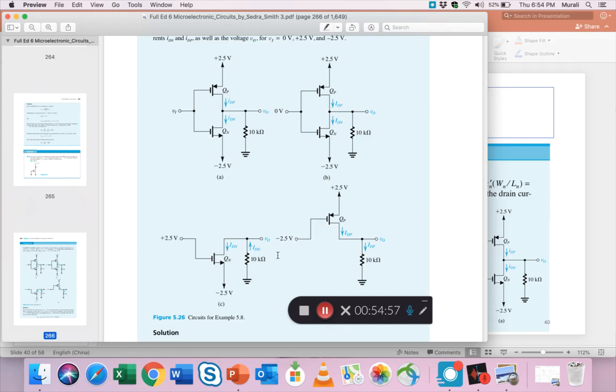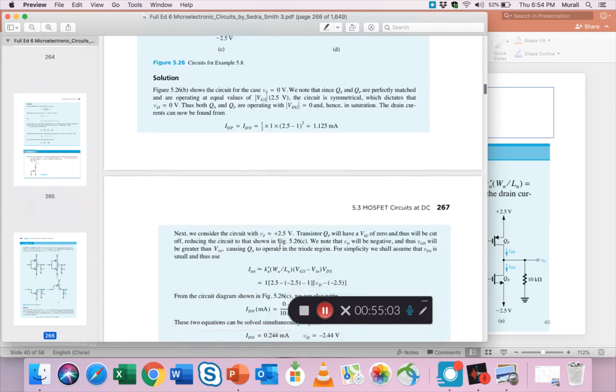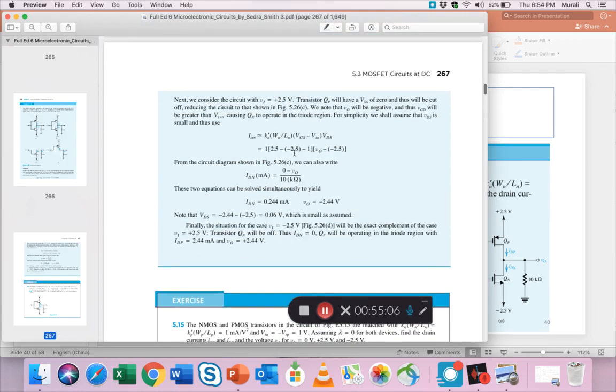So the gate is at plus or minus 5 volts depending on the connection, and using that information he tells us to use the triode region equations, and both of these are in the triode region, by the way. They never go into saturation. He makes that point also.